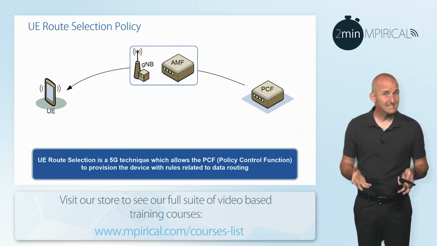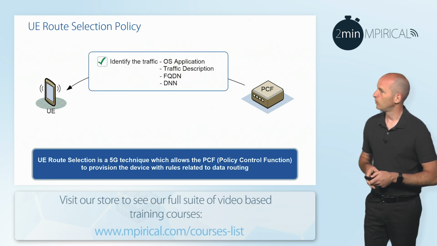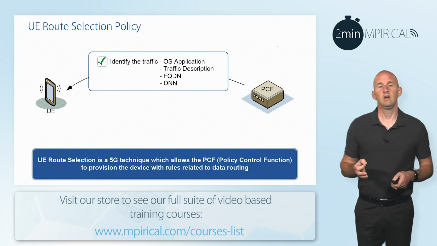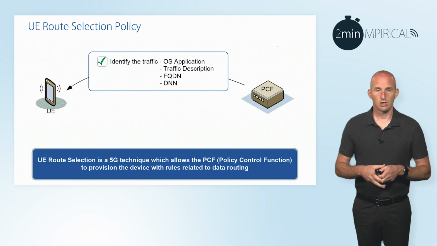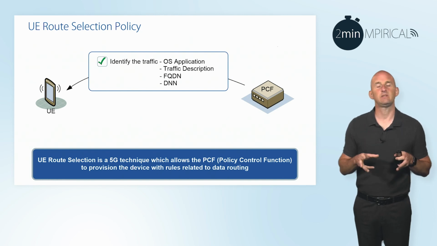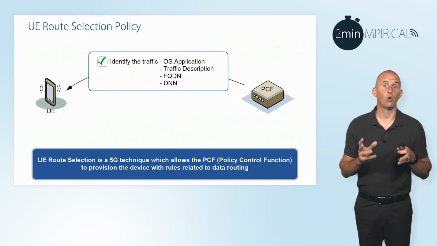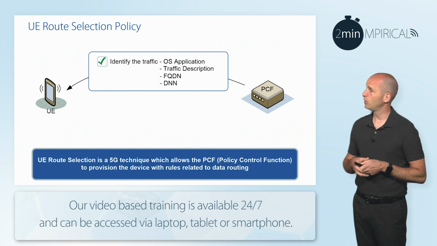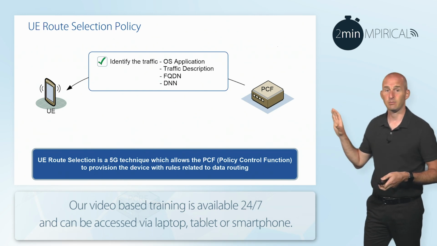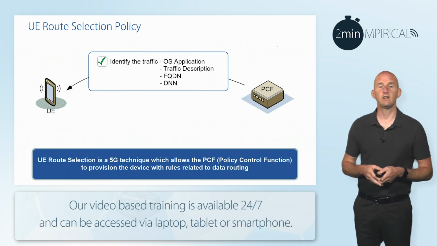Now, what exactly is the route selection policy? Well, you can see that ultimately, to begin with, we are trying to identify the traffic. So when the device sees this particular kind of traffic, it then will have an instruction on what to do with that traffic. So how do we identify the traffic? Well, it could be related to a specific application being launched on the operating system.